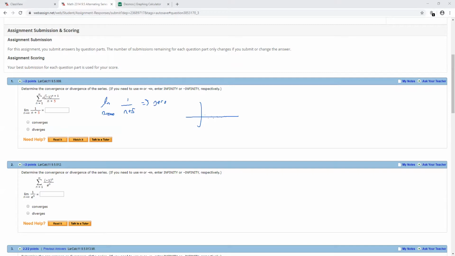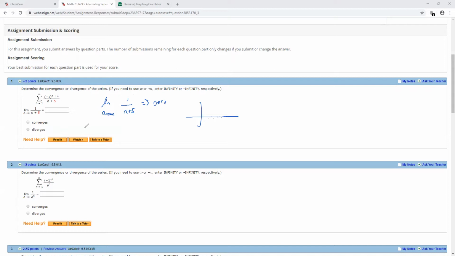This is also not a p-series for a couple of reasons. The 1 over n would be, but the plus 5 destroys it. And the alternating part destroys it. So p-series, no, it's not. So you cannot use the p-series test. What's the only one we have extra now?